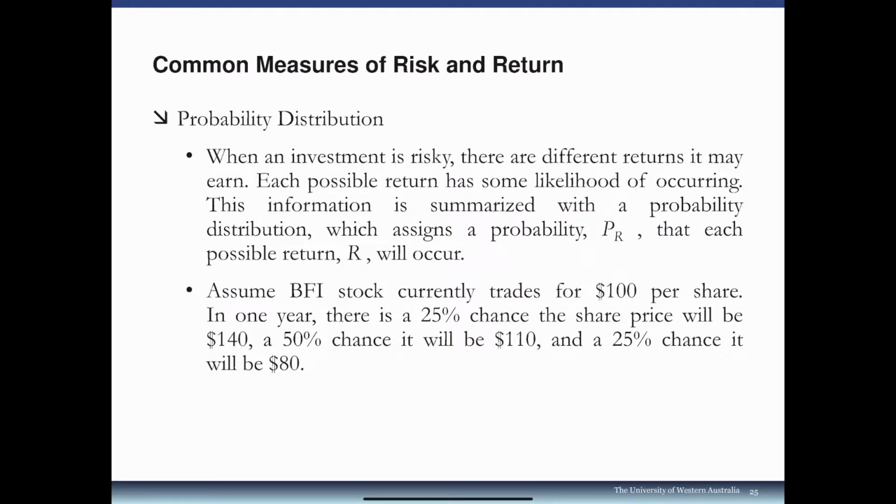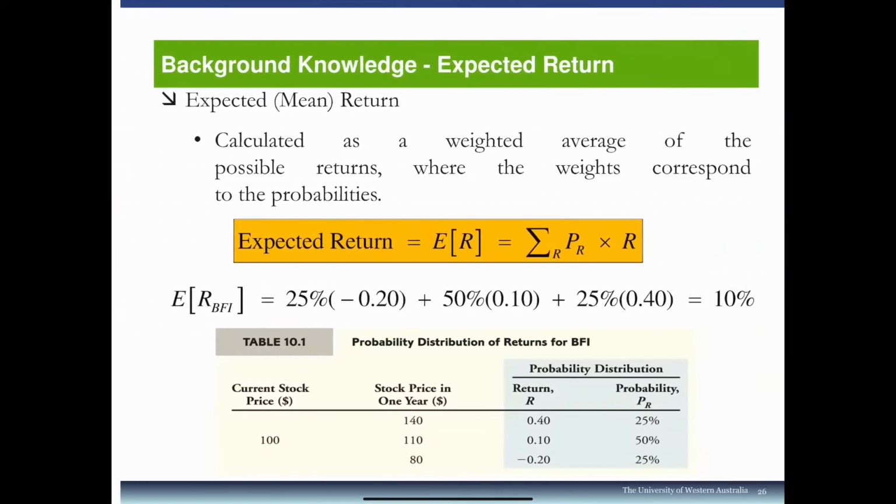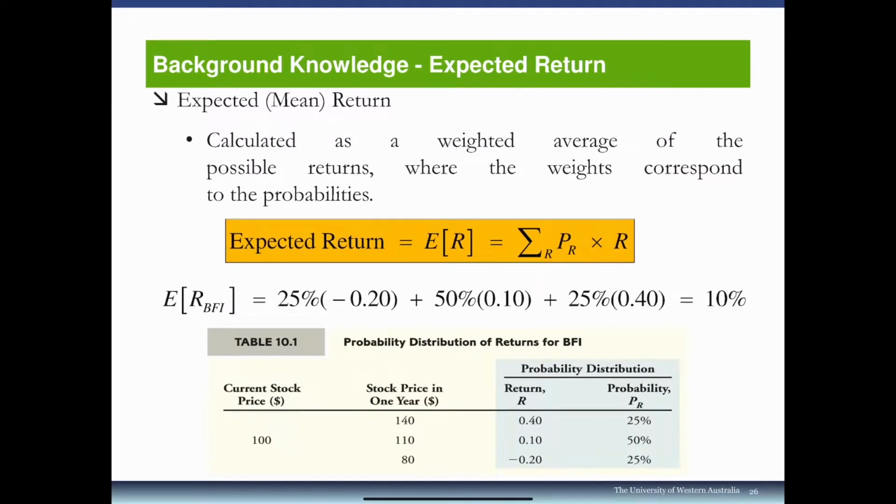The first background knowledge we want to introduce is the expected return, also known as the mean. Expected return is calculated as a weighted average of the possible returns, where the weights correspond to the probabilities. Some of you may have done this in high school and probably already know the notation. If you're currently doing a stats or econometrics unit, you probably also recognize this one.